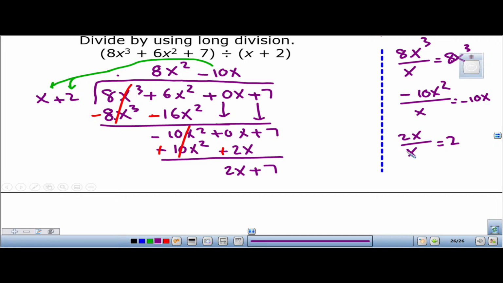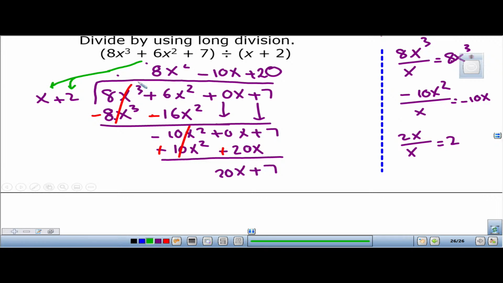Somebody's saying 20. Yes, you're right. It is 20 x's. 20 x's divided by x will give you just a 20. And then you have to multiply it back.